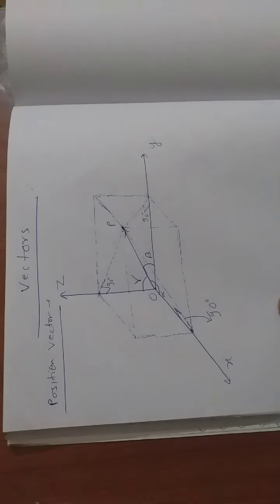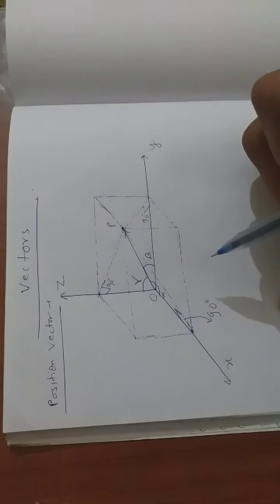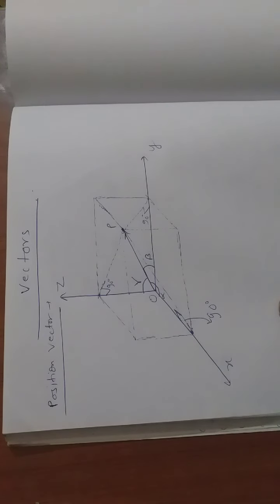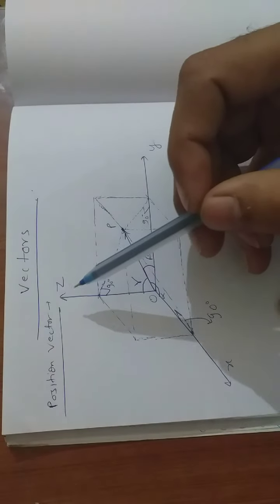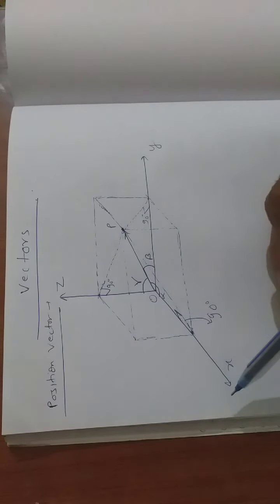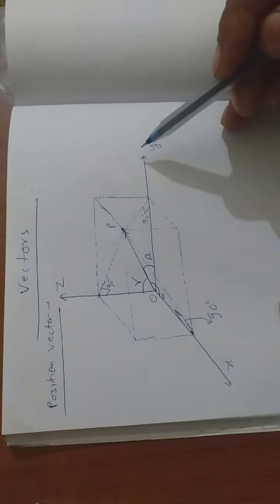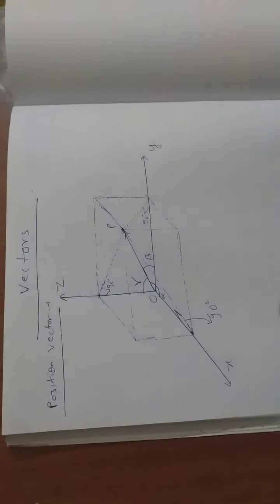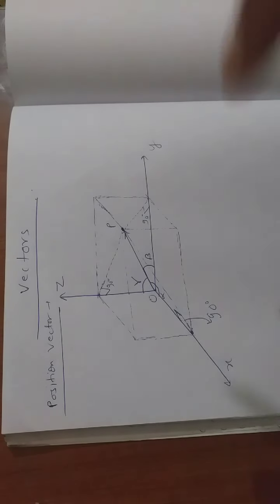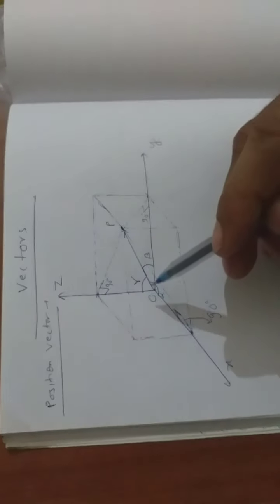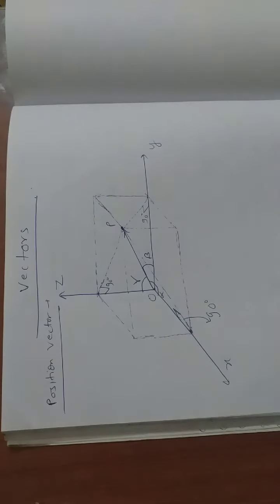In this video lecture, suppose there is a three-dimensional right-handed rectangular coordinate system which is drawn here. This is the x-axis, this is the y-axis, and this is the z-axis. These three axes are perpendicular to each other, and this type of coordinate system is called a right-handed coordinate system.